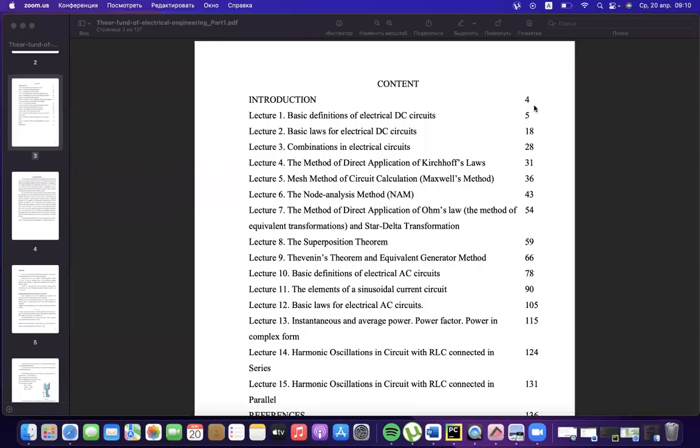Last time we finished on the element transformation: how we could simplify our electrical circle, how we could substitute some part of system or some part of mathematical model for the other part, how we could do such called star-delta transformation of resistors or other types of transformation such as serial or parallel connection of resistors or of sources of energy.